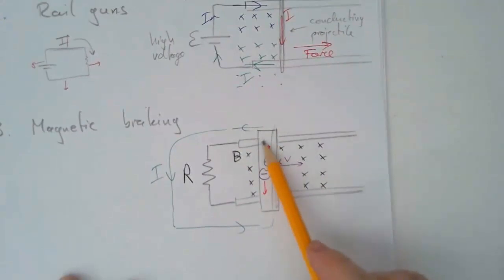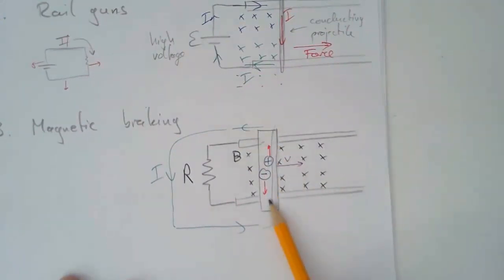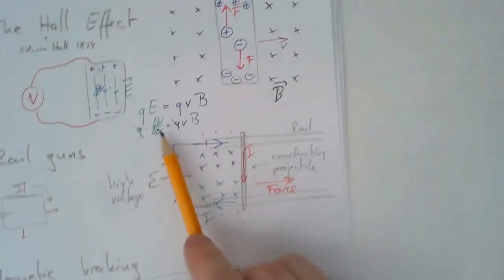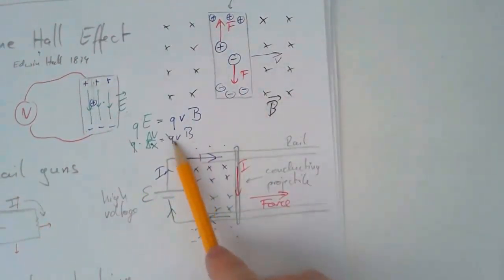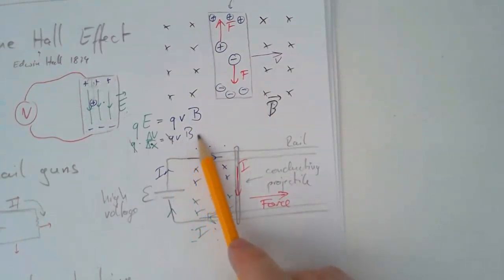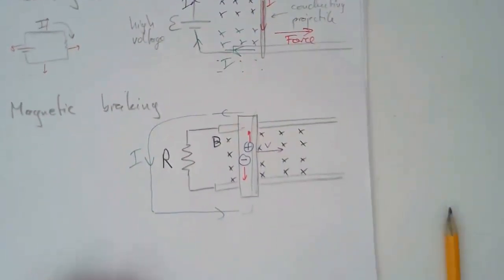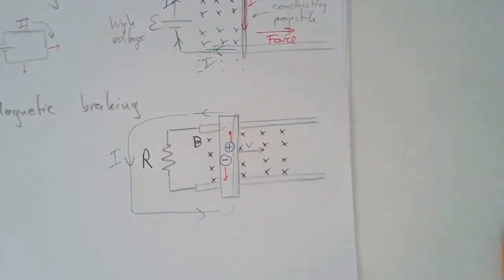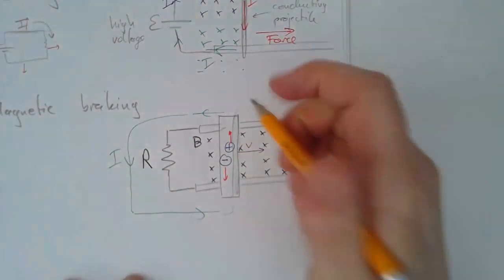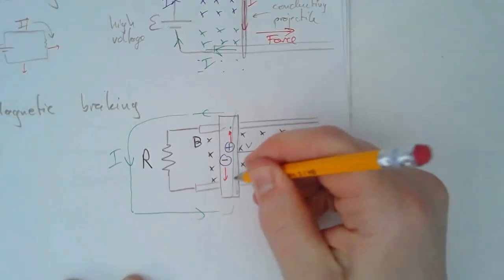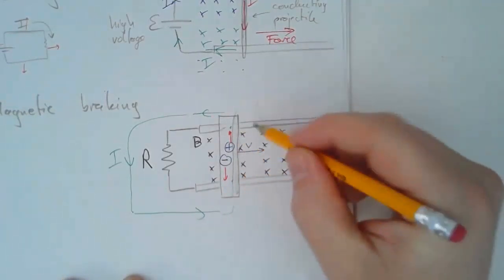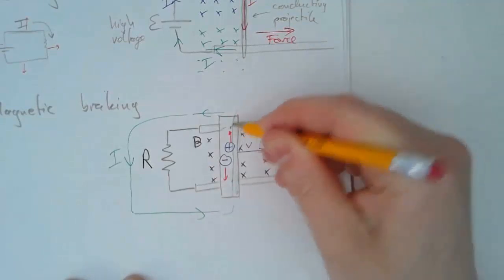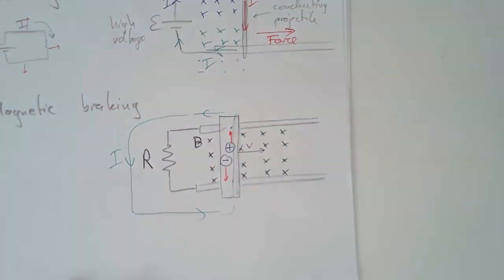The potential difference between this and this is given by the length of it, times the speed, times the magnetic field strength. So we get a potential difference between this end here and this end here. Right, so delta V between, how you can draw this effectively.